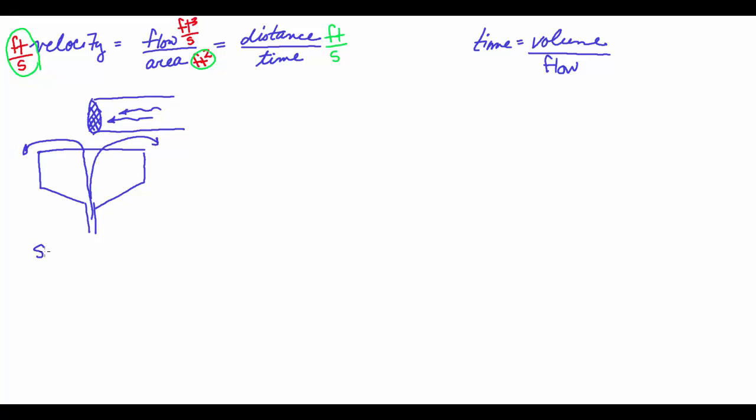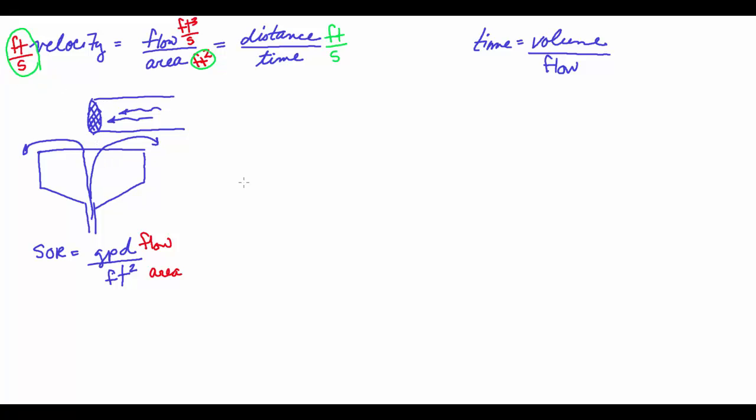So if you look at the formula for surface overflow rate, it is gallons per day per square foot, which is just another way of writing velocity, because just like we had up here on the top, we have a flow. Oh, sorry, that should be square feet down there on the bottom. Flow per square feet. And down here on the bottom we have an area. So velocity, surface overflow rate, basically the same thing. Okay, but we're always interested in moving past or through a point.